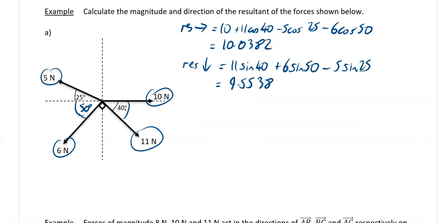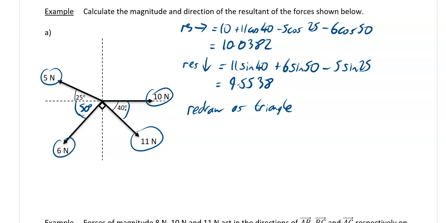Now what we've seen is that this system of 4 forces has been reduced to just a horizontal force and a vertical force. So what we want to do is redraw it as a triangle. We've reduced 4 forces down to 2 forces. Then we want to reduce it down again to a single force.